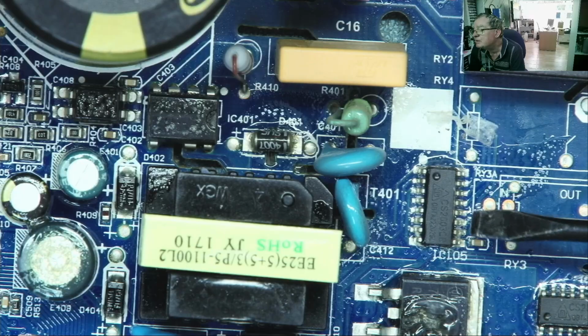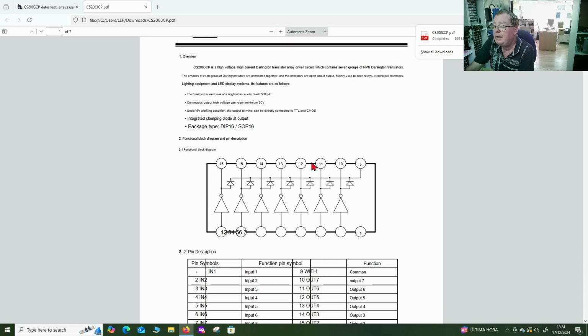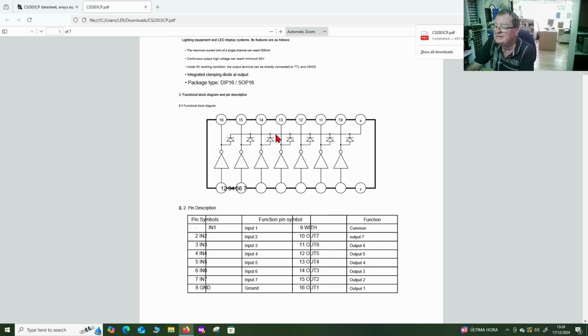So for example, this one, CS2003. And here we have it, and you can see this is a 7-channel Darlington tube driver circuit, they call it. High voltage, high current Darlington transistor array driver circuit. And you can see inside there 7 of these drivers basically.